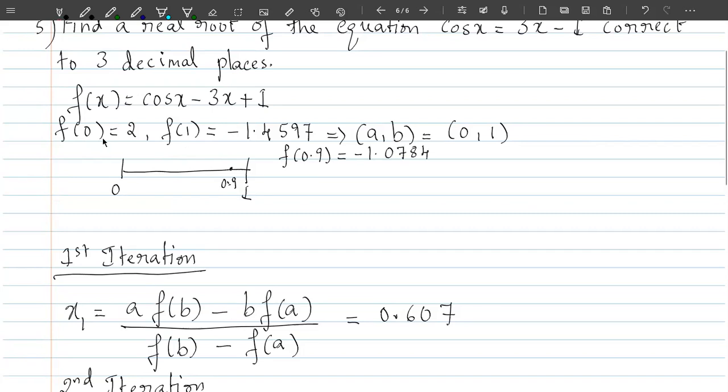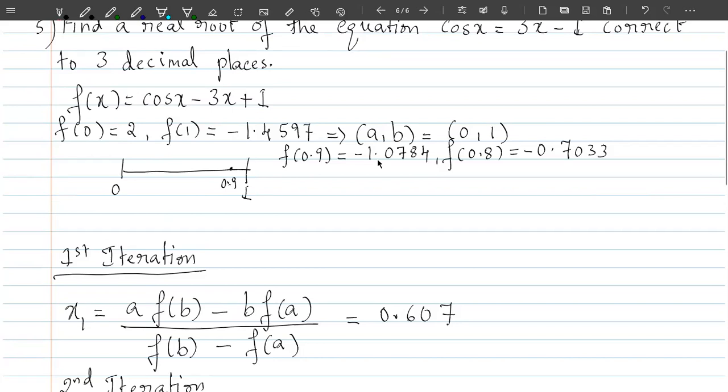If we calculate f of 0.9, I get a negative value again, that is minus 1.0784. I can't make the interval from 0.9 and 1 because both of them have got a negative sign. So let me see whether I can get some root from f of 0.8. F of 0.8 is again a negative value, that is minus 0.7033. So I can't make one interval.